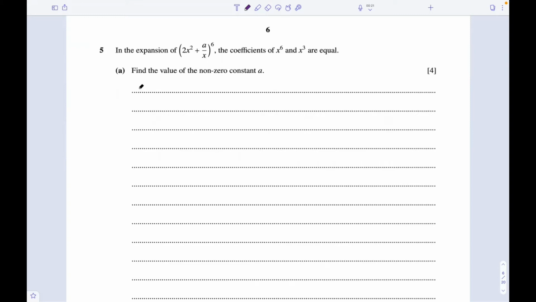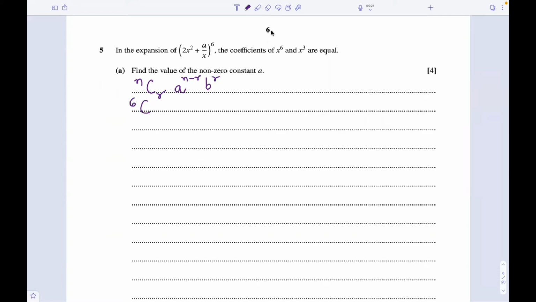To do that, first of all, we'll try to find the coefficient of x^6 and x^3. For this we'll just use the simple formula for binomial expansion. Normally we use nCr, a to the power n minus r, and b to the power r. So in this case, we have n as 6.